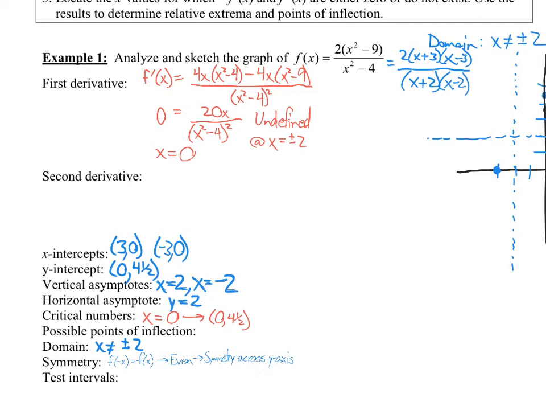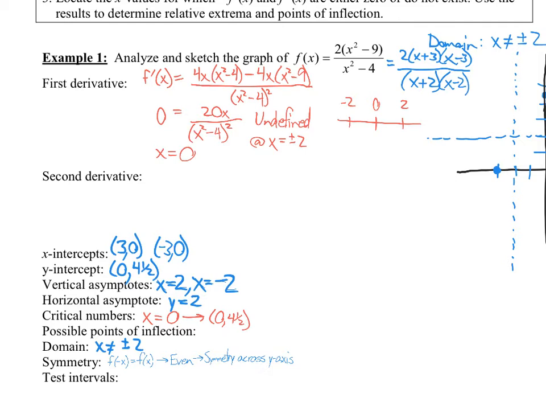I'm going to put the critical number on here, but I do also put any discontinuities. I also put the 2 and the negative 2 here, and this is why. Even though it's not an actual critical point on the graph, those discontinuities can impact the direction or concavity or whatnot of our function.